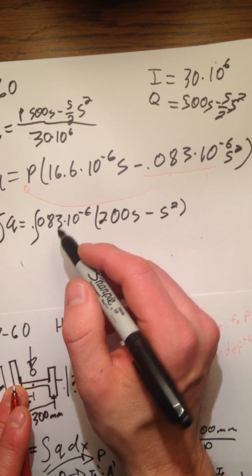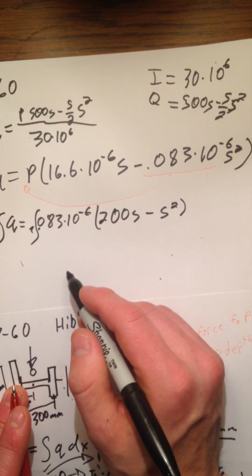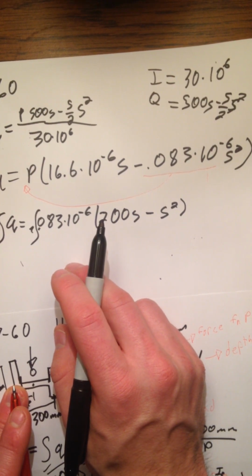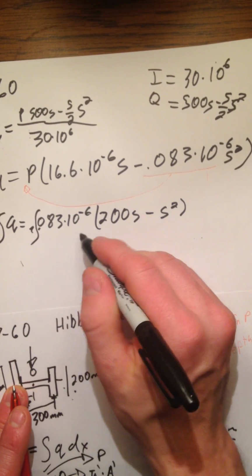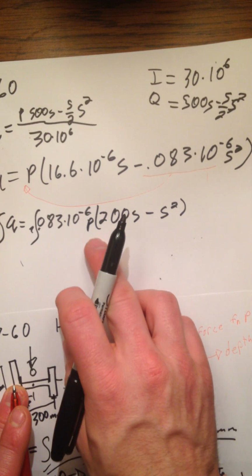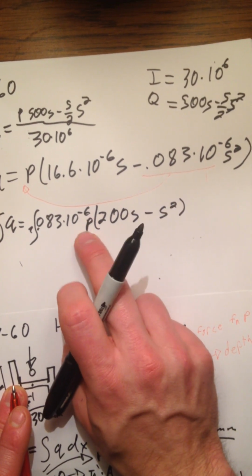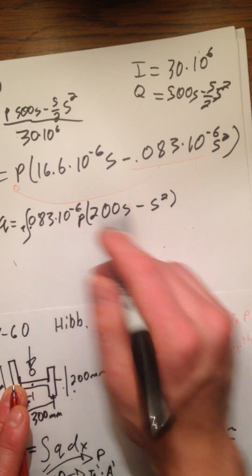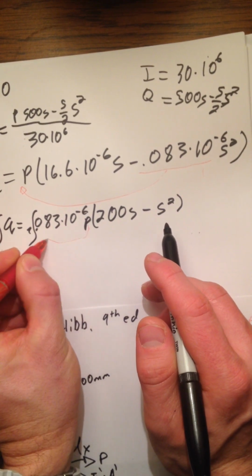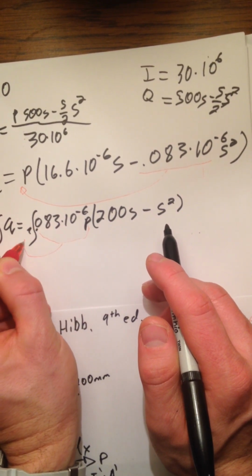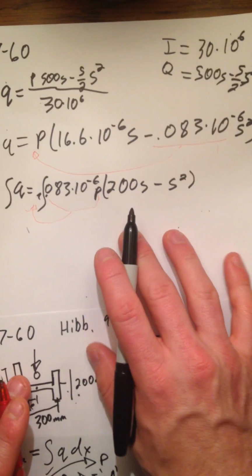So let's integrate q. When we integrate this, there should be a p there. Because p is a constant, this is a constant, we can pull both of these out on the other side of the integral.